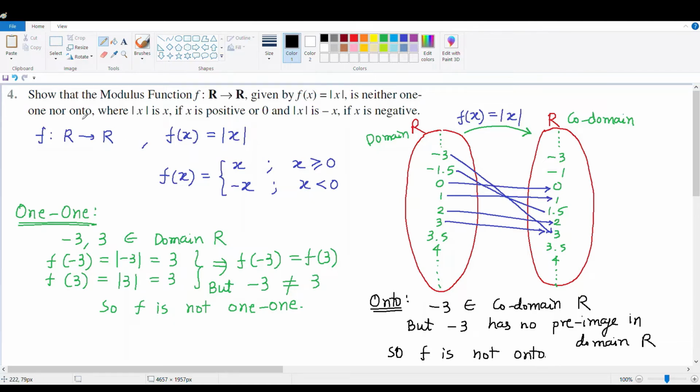That's what we were supposed to prove: show that this function is neither 1-1 nor onto. So we showed f is not 1-1 and we just proved that f is not onto either. So we are just going to write, hence proved.